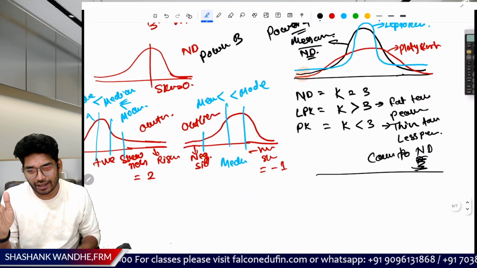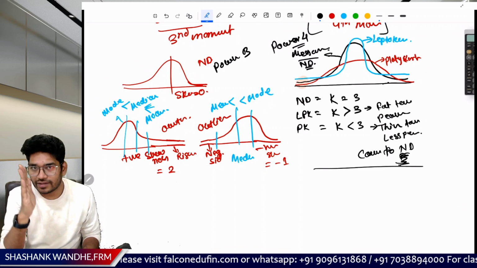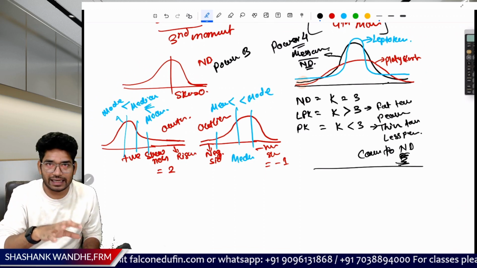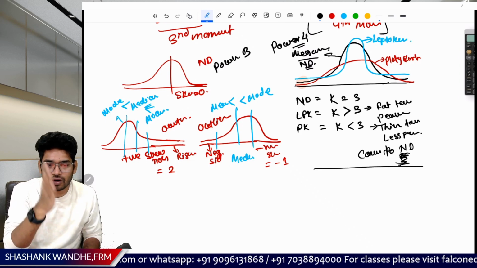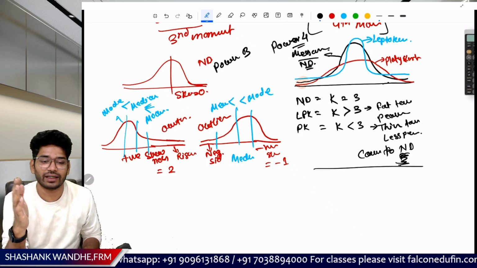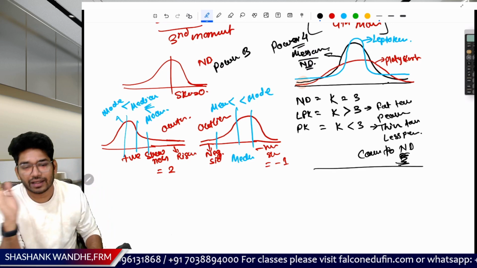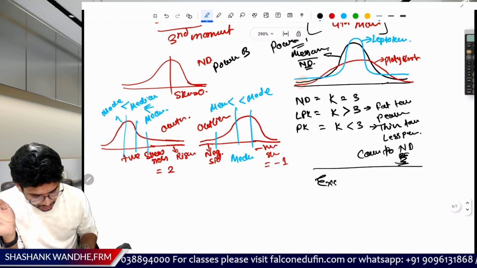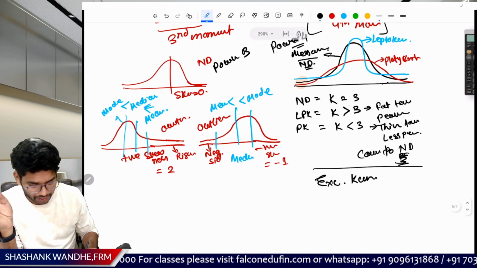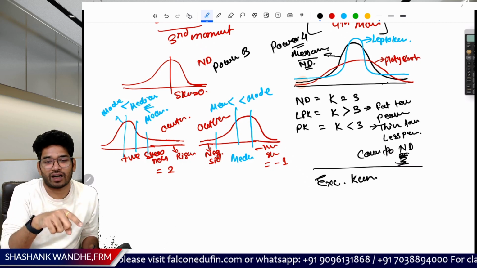But the problem is, skewness is 0, more than 0 and less than 0 in this particular format, and kurtosis is 3 for normal and then less than 3 and more than 3. So this was creating confusion very long back, and that's why we got the concept of excess kurtosis. For the normal distribution, skewness is 0, kurtosis is 3.